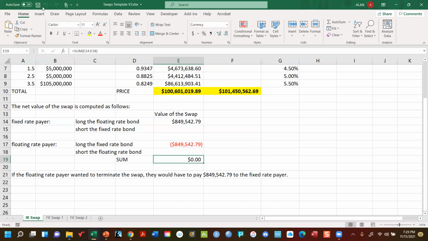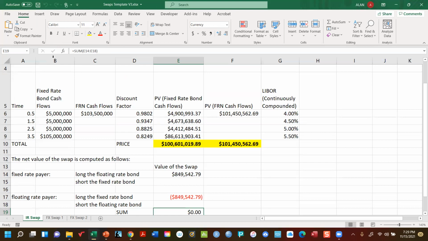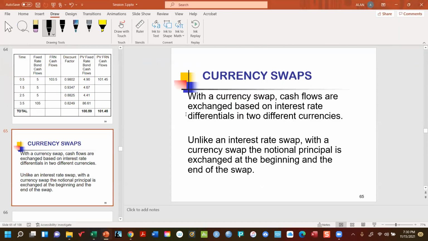All right. So what's next is going to be the currency swaps, which are a little different because, first of all, they're based in 2 different currencies, which means we have to get exchange rates involved. Then we also have to keep in mind that usually there's 2 fixed interest rates involved.